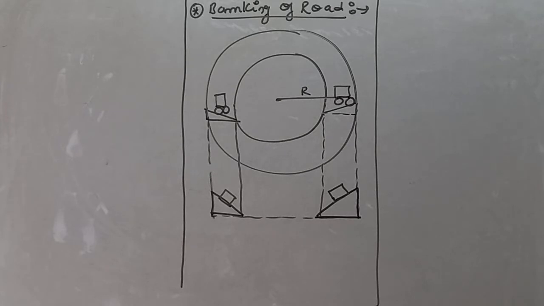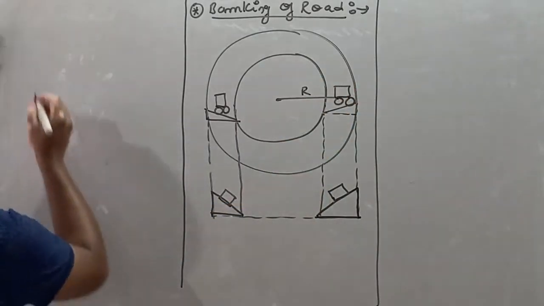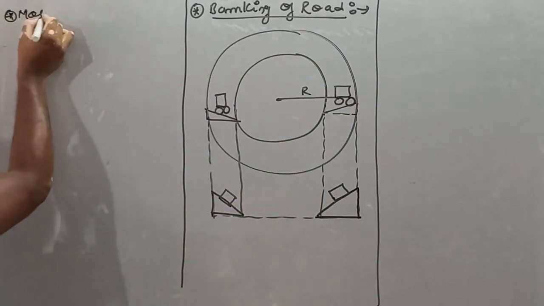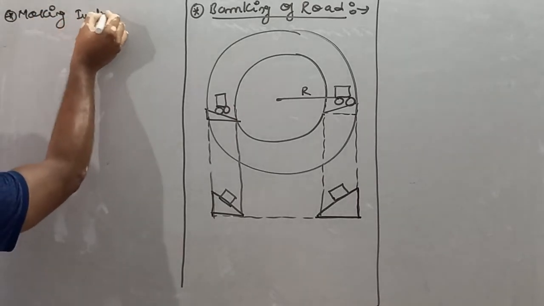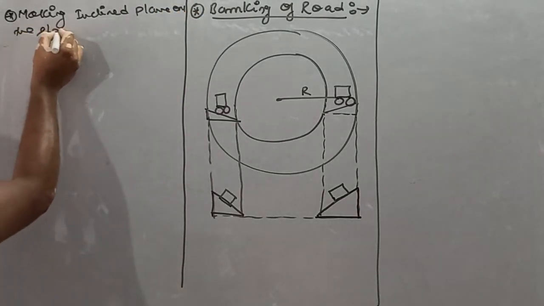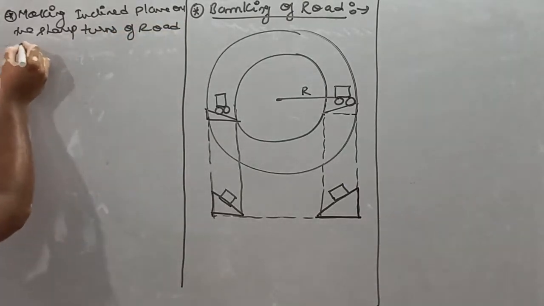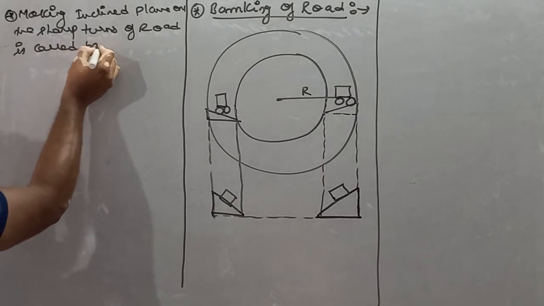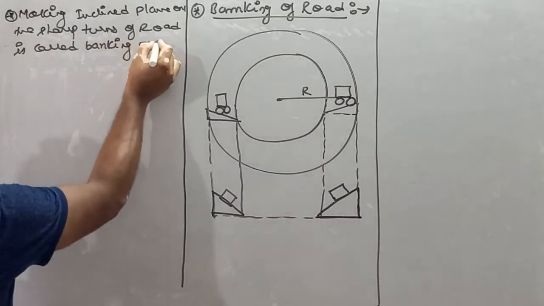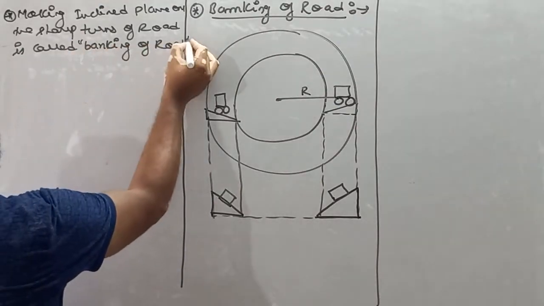Making an inclined plane on the sharp turns of the road is called banking of road, my dear student.